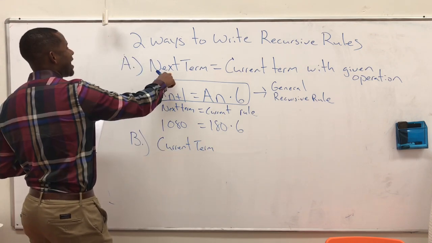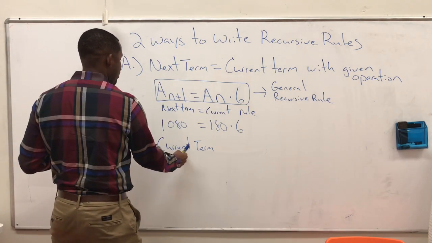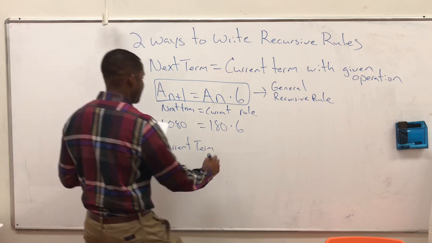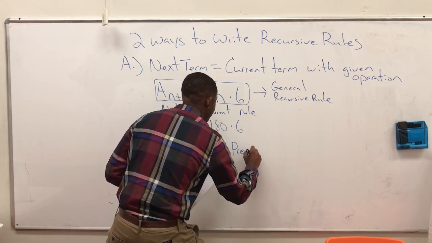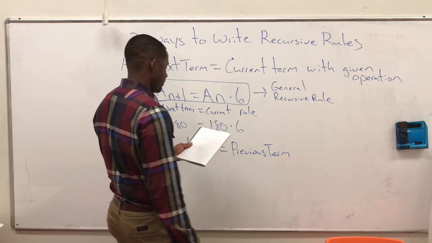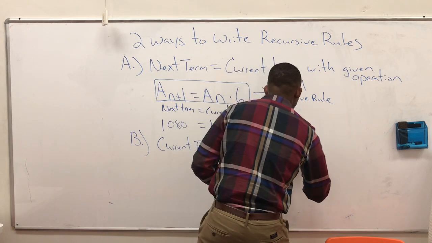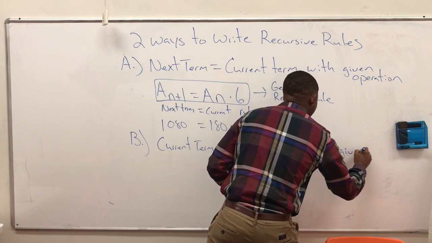So in the first one we talked about how to get the next term, and I started off from there. This one is like, well, how do I get this current term? Well, to get the current term, I take the previous term, with the given operation.